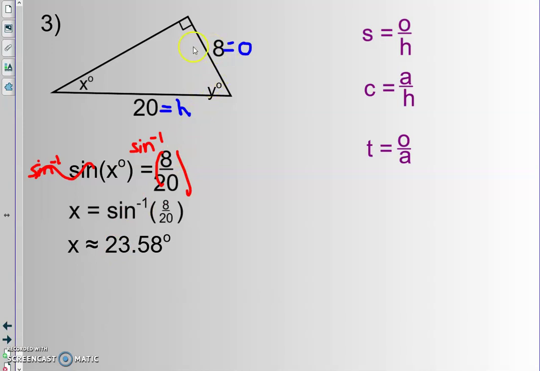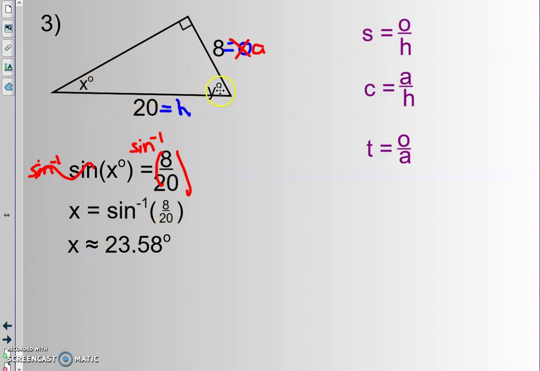Well, I could set up a whole new trig ratio, but this time, if we're standing at y, 8 is no longer the opposite side, 8 is the adjacent side. So if I were going to find y using trigonometry, I would want to use the adjacent and the hypotenuse, which is the cosine. But there's an easier way to find y.